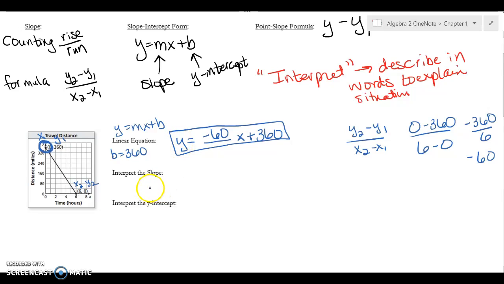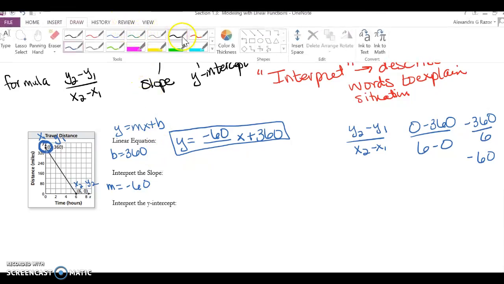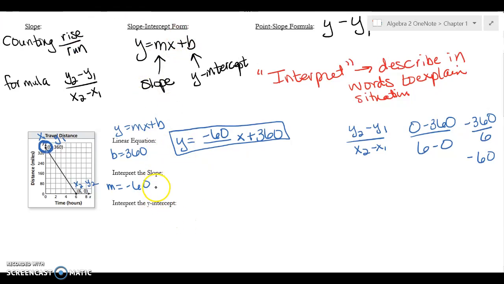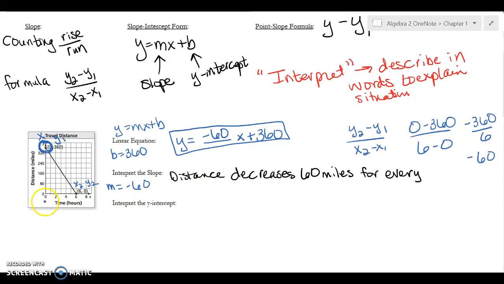When it says interpret the slope, my slope is negative 60. And so what does that mean? Well, slope is up and down, so it goes down 60, but you have to say what goes down. So you would say distance decreases 60 miles for every hour, because the x is talking about hour.